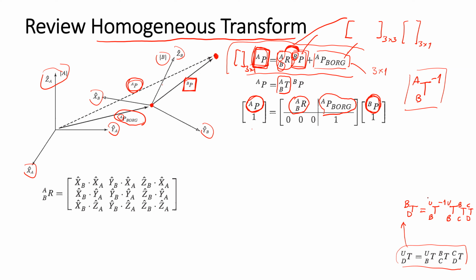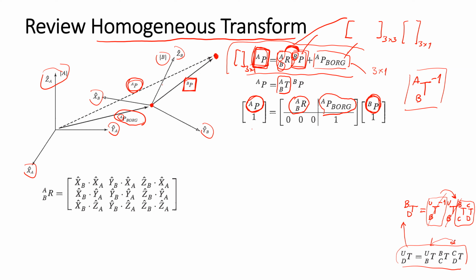Just like this. I mean, if you just multiply the inverse in front of this set, yeah, this one will cancel, and finally you will have only the relationship between the two frames instead of three frames. So it's very useful to use the homogeneous transform.